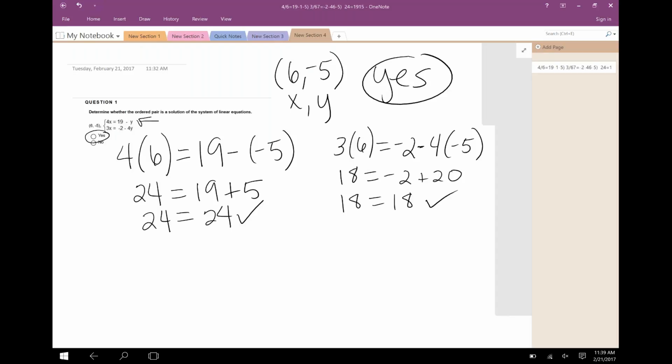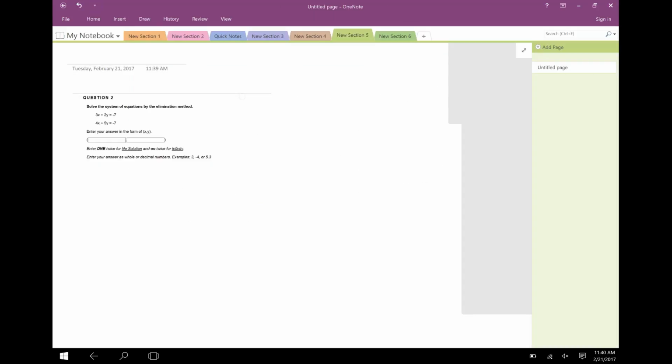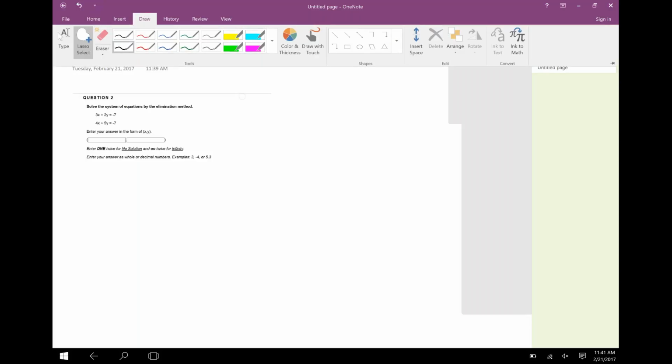Okay. So question 2 says, solve the system of equations by the elimination method. The elimination method means that we want to eliminate one of our variables by adding the equations together. Let me make sure you can see that.